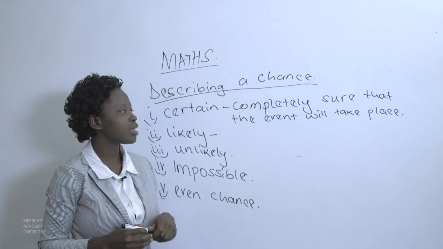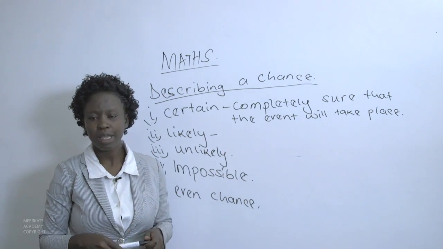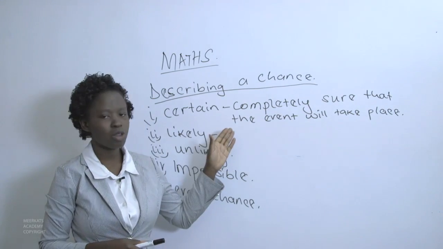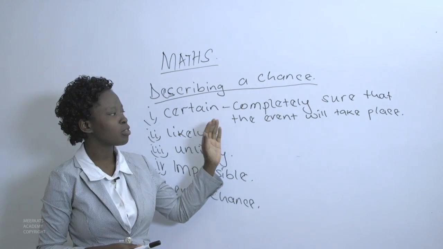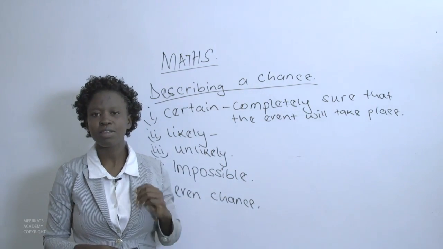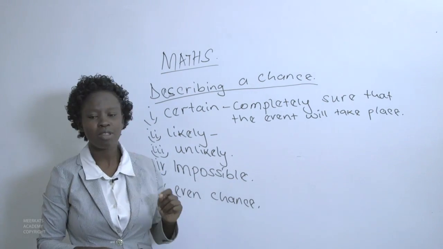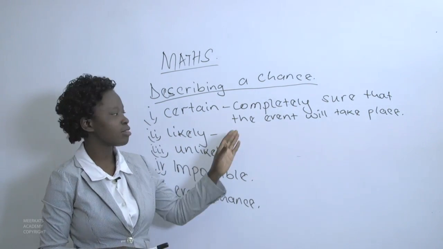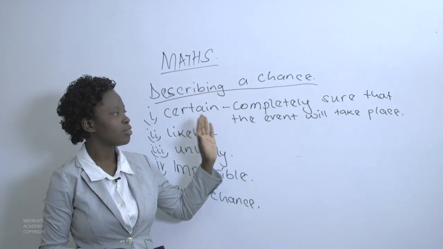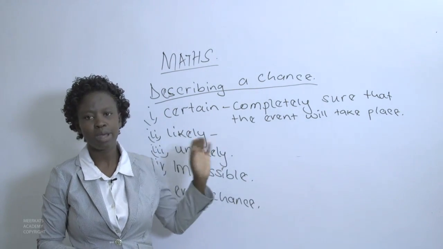For instance, when you are rolling a die, you are completely sure that you can get a number that is less than 7, because a 6-sided die has 6 sides, and these sides are labeled 1 to 6.